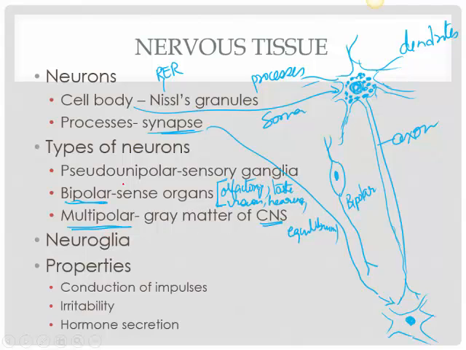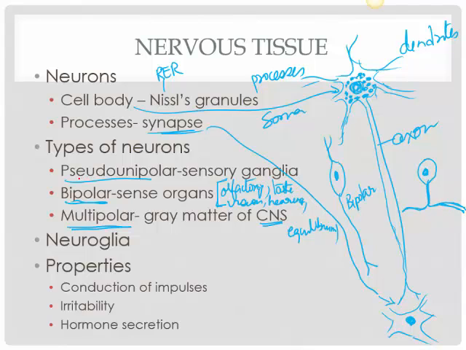And lastly, we have something called pseudo-unipolar. Remember this word pseudo, which means it's not truly unipolar, but it looks like it. Pseudo-unipolar is one where the neuron begins at the cell body with only one process, so we call it unipolar. But as soon as this one process is given off, it divides into a dendritic and an axonal process, something that resembles a dendrite and something that resembles an axon.